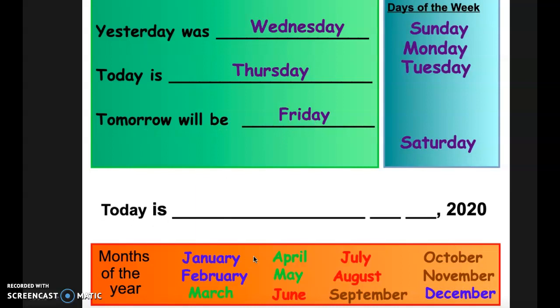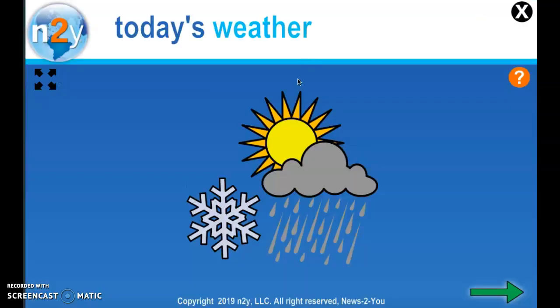And today is June 18th. You write the 18th as a 1 and then an 8. 18. So today is Thursday, June 18th, 2020.